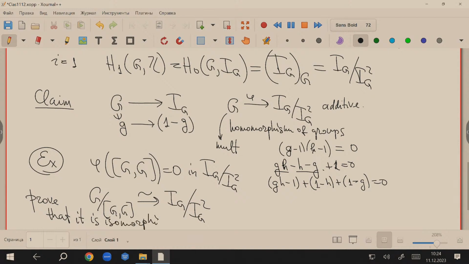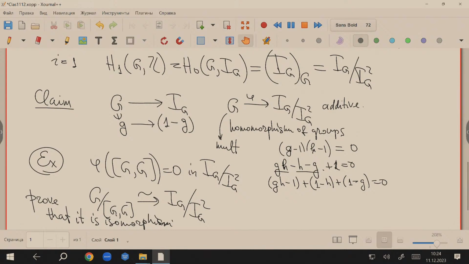One can do this by formulas, or you can think of the universal property: G modulo the commutant has the universal property that any map to an abelian group factors through this group.